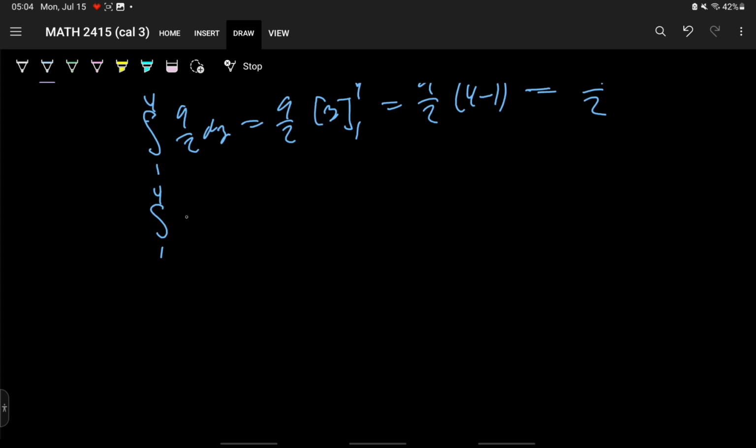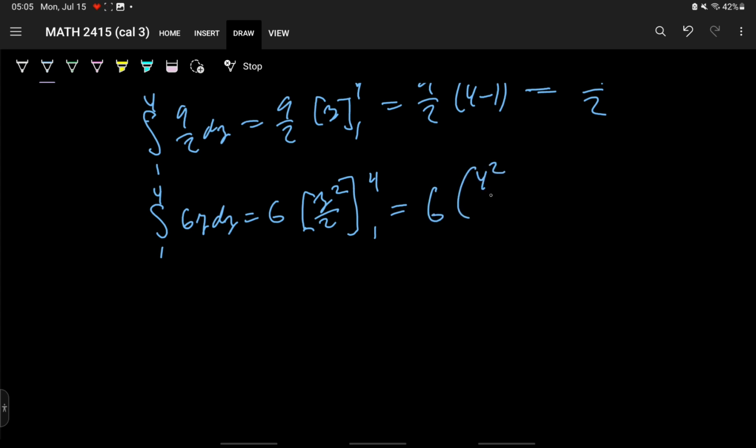And now let's take a look at the second integral. We're integrating from 1 to 4 of 6y dy, which is equal to 6 y squared over 2, evaluating from 1 to 4, which is 6 times 4 squared over 2 minus 1 squared over 2. That is not what I meant to press.